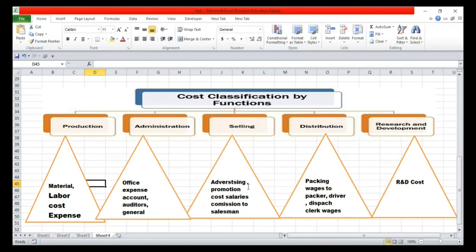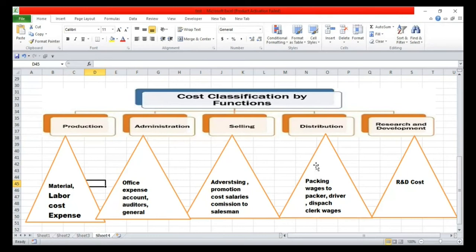Another cost that we incur after selling cost is distribution cost. What actually is distribution cost? It is an indirect cost which is incurred in making the packed product ready for dispatch to customers. When our product is ready and we dispatch it to our customer, during that process we incur different costs. These include packing cost and wages to the packer, the person who is packing our products.